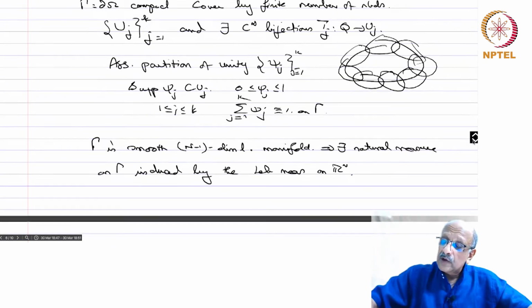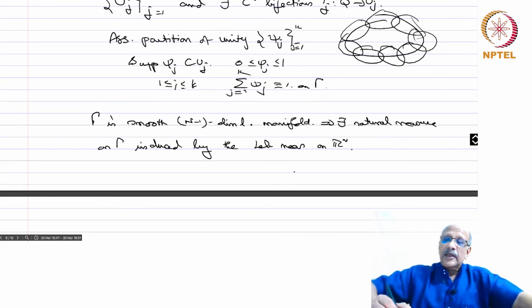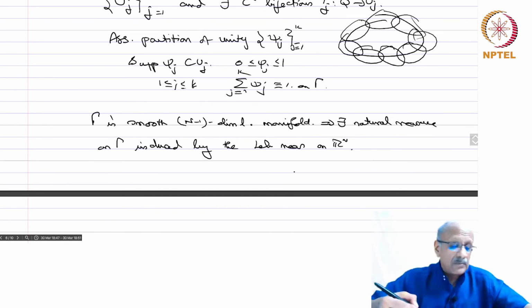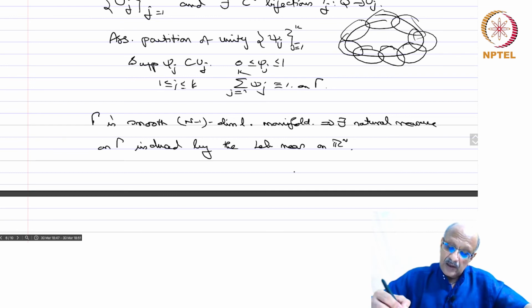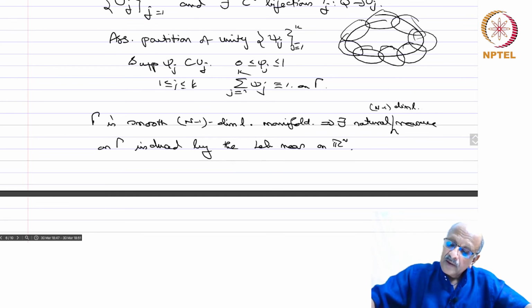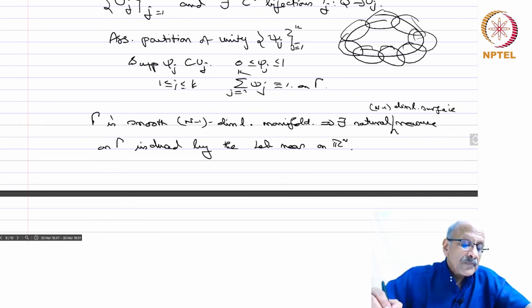You can use the induced Lebesgue measure. You can also use the n-1 dimensional Hausdorff measure, or Minkowski content, the various ways of defining the measure. However, since the domain is smooth, all these will agree with each other, and therefore you have a natural n-1 dimensional surface measure on Gamma induced by the Lebesgue measure in Rn.